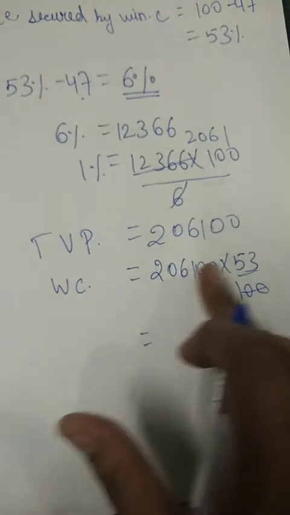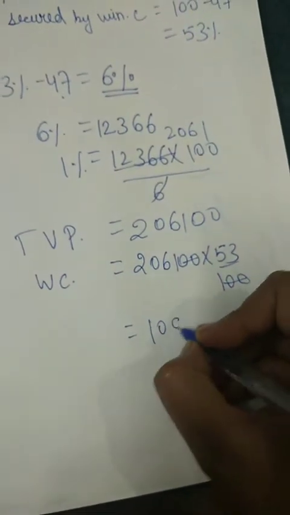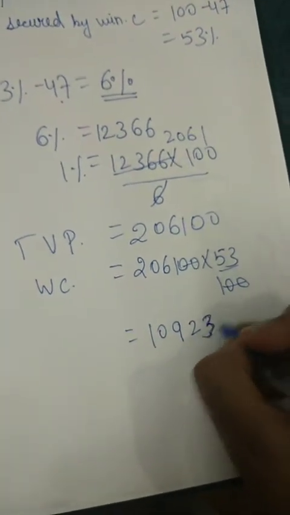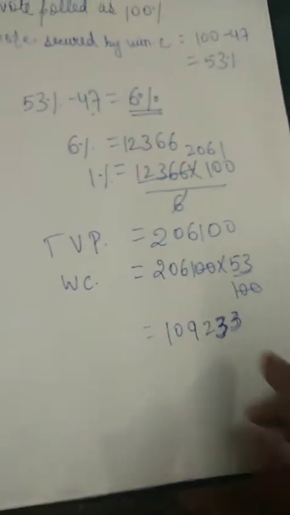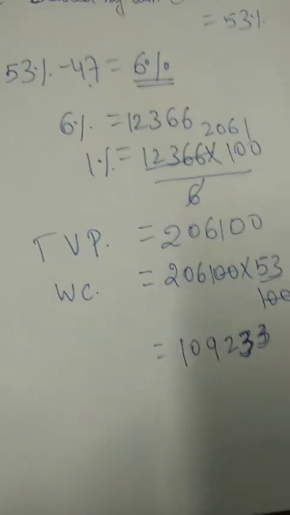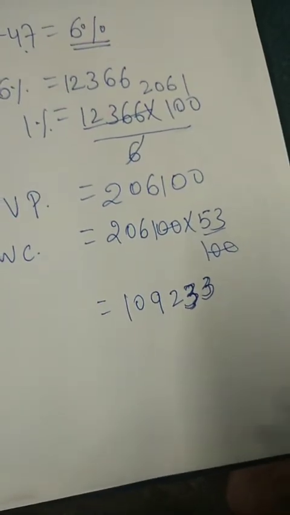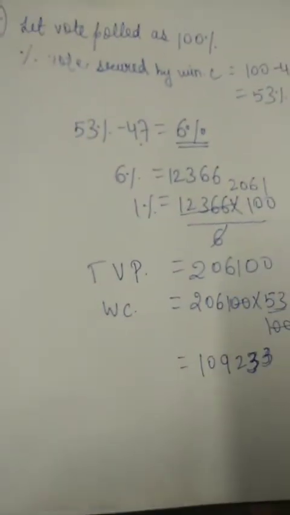When you multiply this by 53, it will be equal to 1,09,233. So this is how we are going to solve this question.